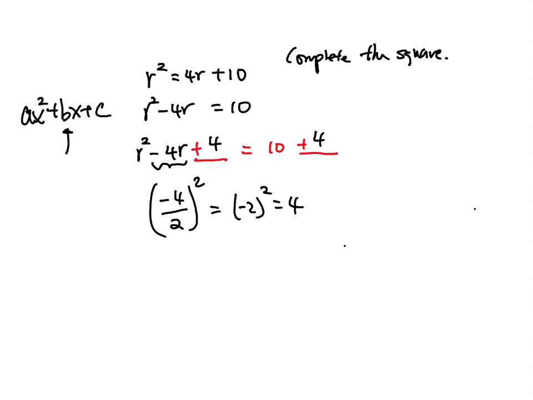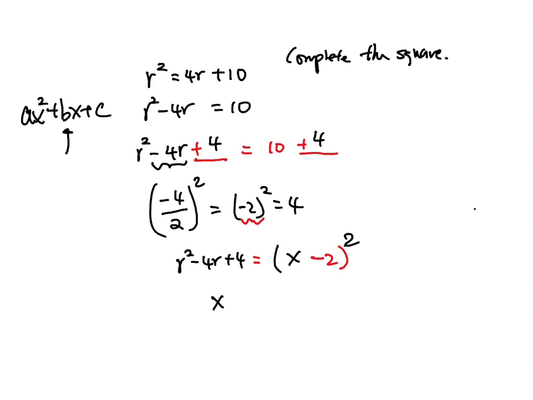Okay. So this is r squared minus 4r plus 4. And notice this number right here is always the number that goes inside the parentheses when you factor. Okay.